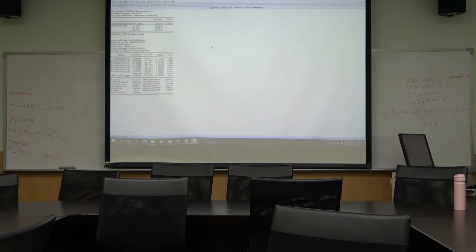So maybe we need to check if we should first difference that. So we go to view again, unit test. Now we choose the first difference, and still we include the trend and intercept. The lag length, we choose the Schwarz information criterion, 18 lags.